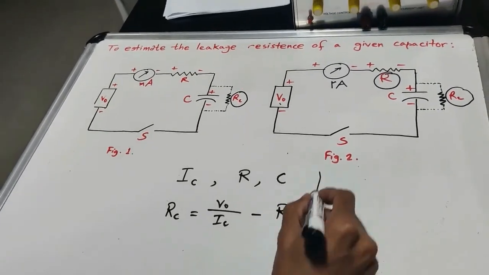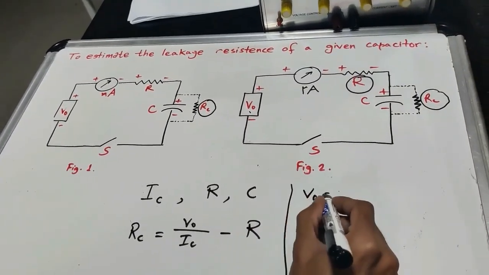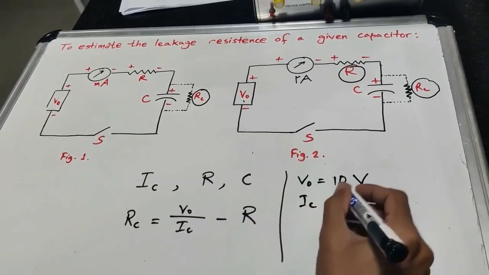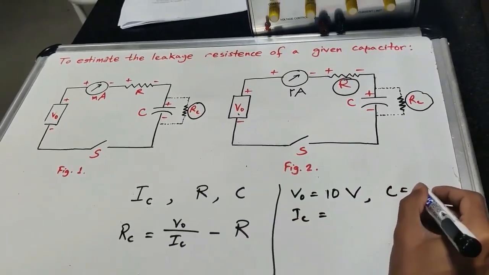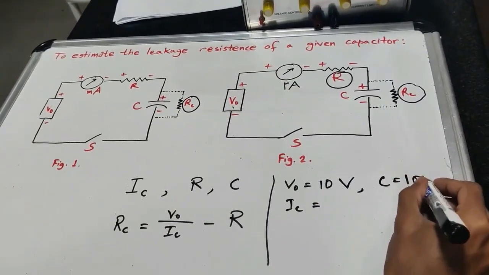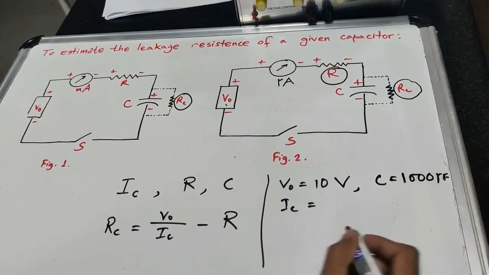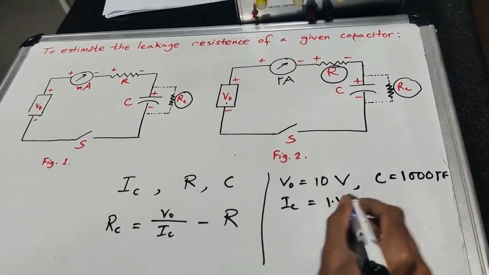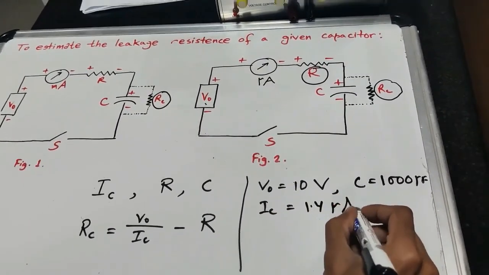For example, in a particular setup, I have considered V to be 10 volt, C to be 1000 microfarad, and say my IC turns out to be 1.4 microampere.